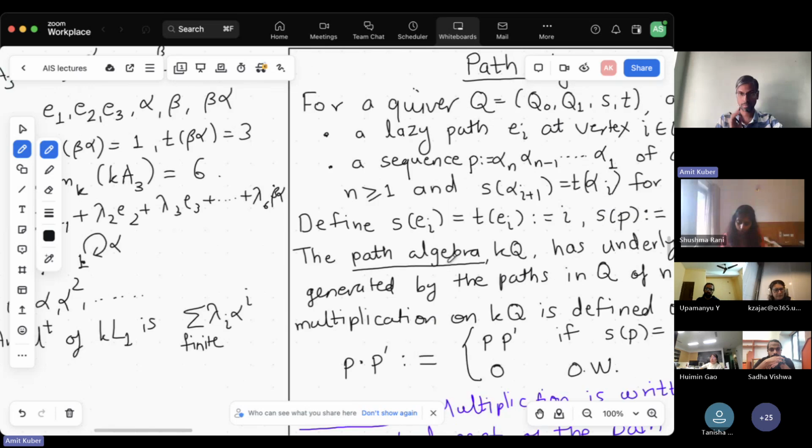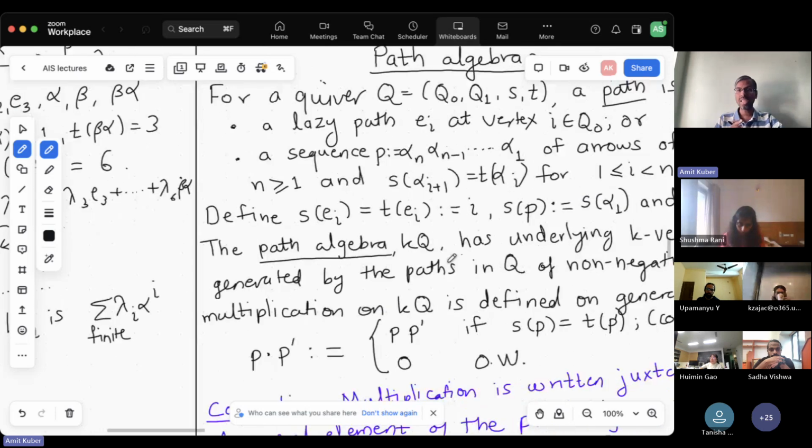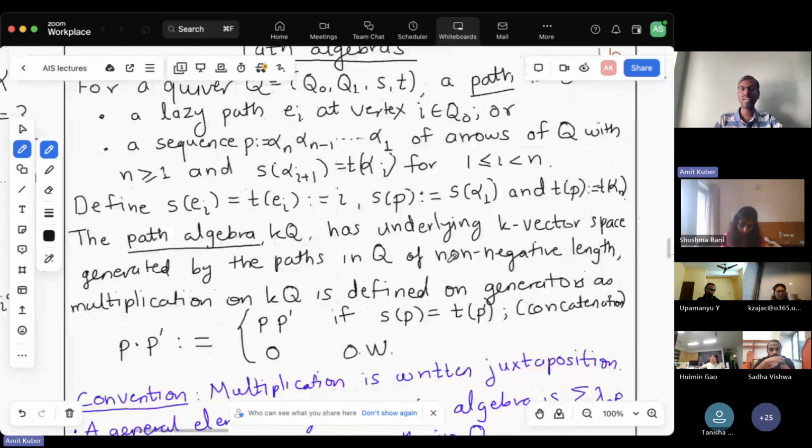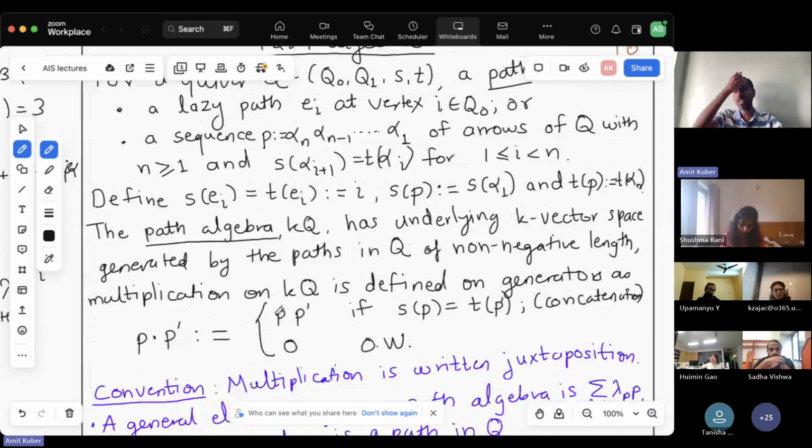Now this is the underlying vector space, but we also have to describe the multiplication. So the multiplication on KQ is defined on generators like this. P dot P prime is the concatenation if possible. If concatenation is impossible, then we simply take the multiplication to be 0.